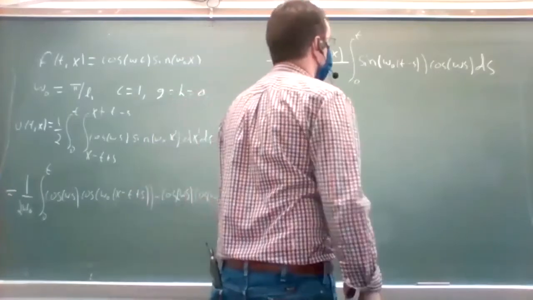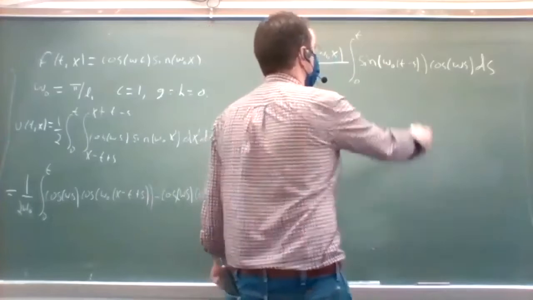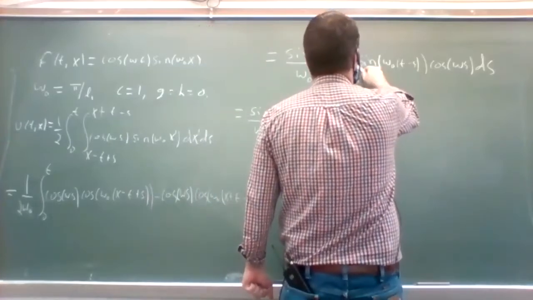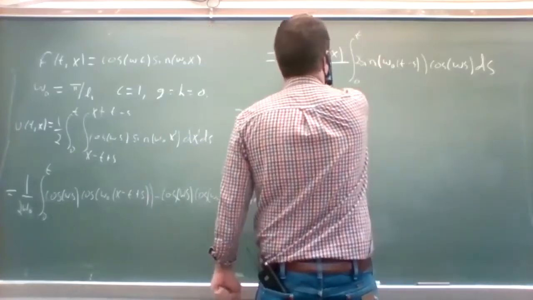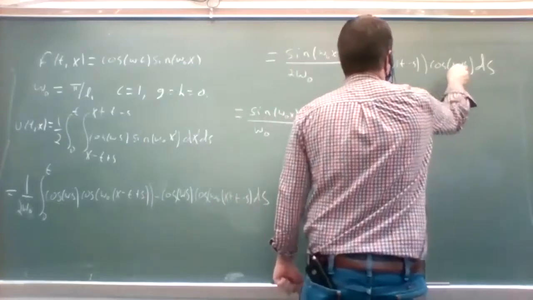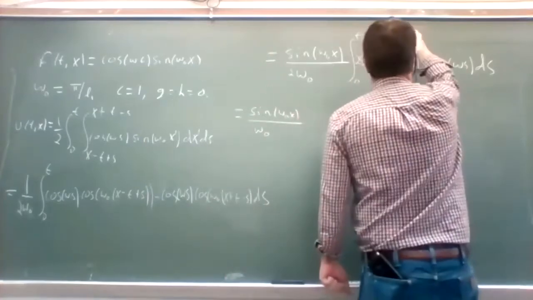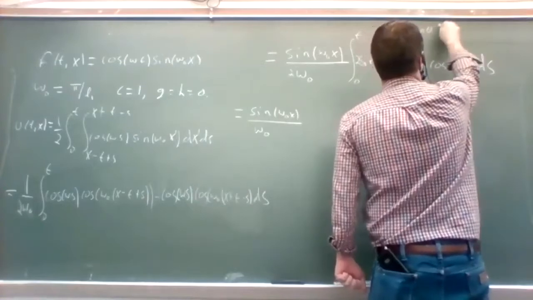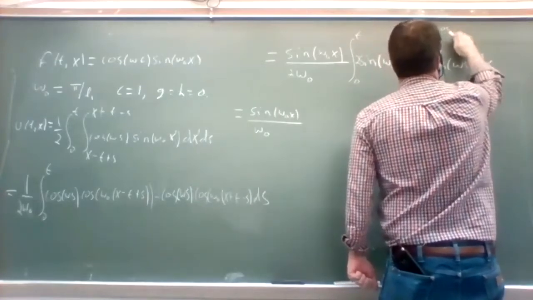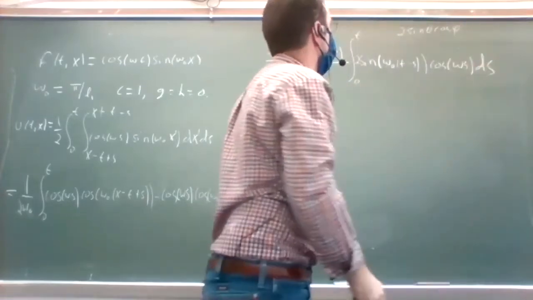You can pick your poison, but this is going to be 2 sine of something, cosine of something. So this is basically 2 sine theta cosine phi, right?